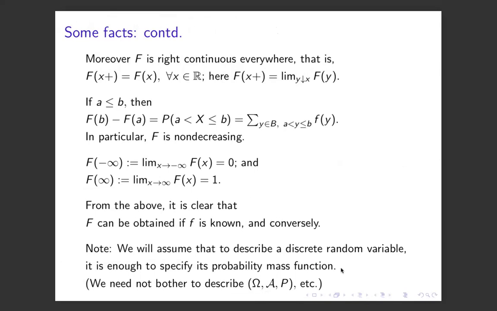Okay, so this is another assumption we will generally make. We will assume that to describe a discrete random variable, it is enough to specify its probability mass function. In other words, in many instances, we may not bother to describe the basic probability space. Of course, since we may be dealing with discrete random variables, it is not a big issue.